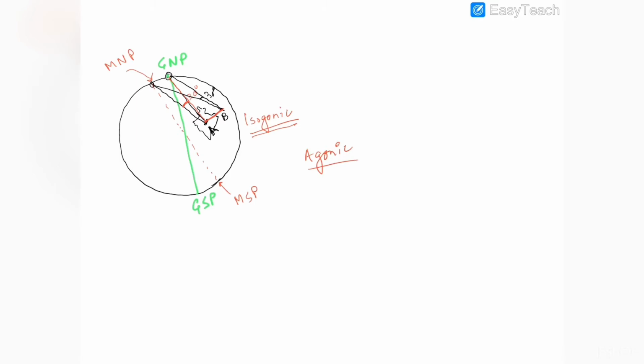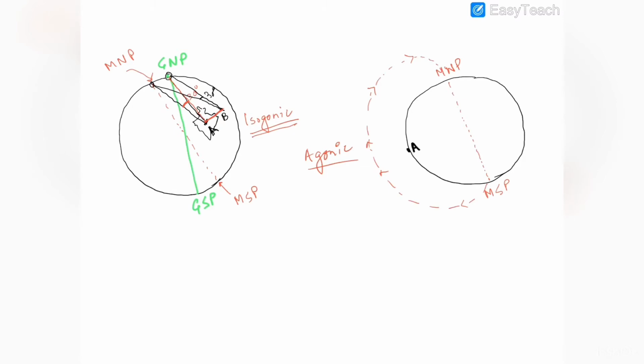Let me explain this with a diagram. So if you try to find the dip at this particular point A, then the dip angle is the angle between the direction of magnetic lines of force and the horizontal earth surface. You see, at this point it is 0 degrees, hence it is also called the magnetic equator.